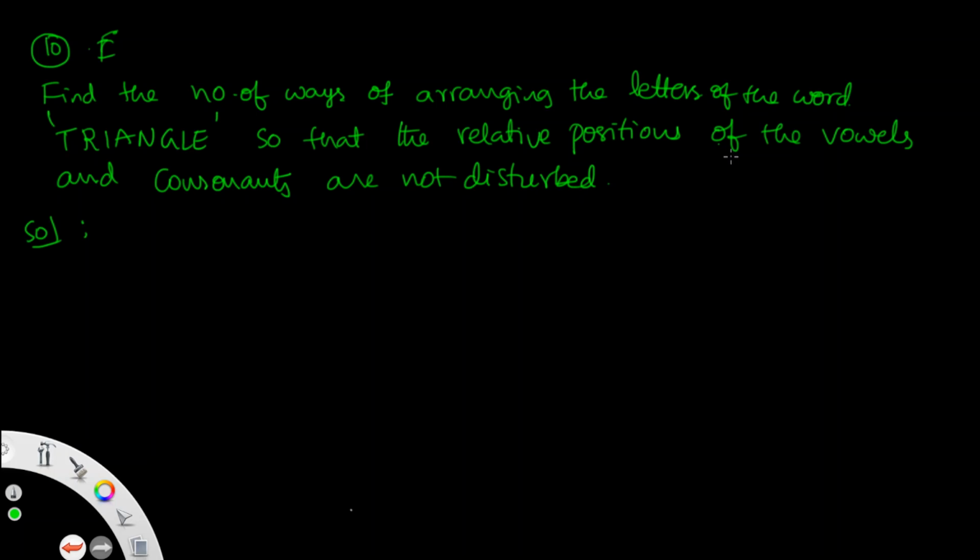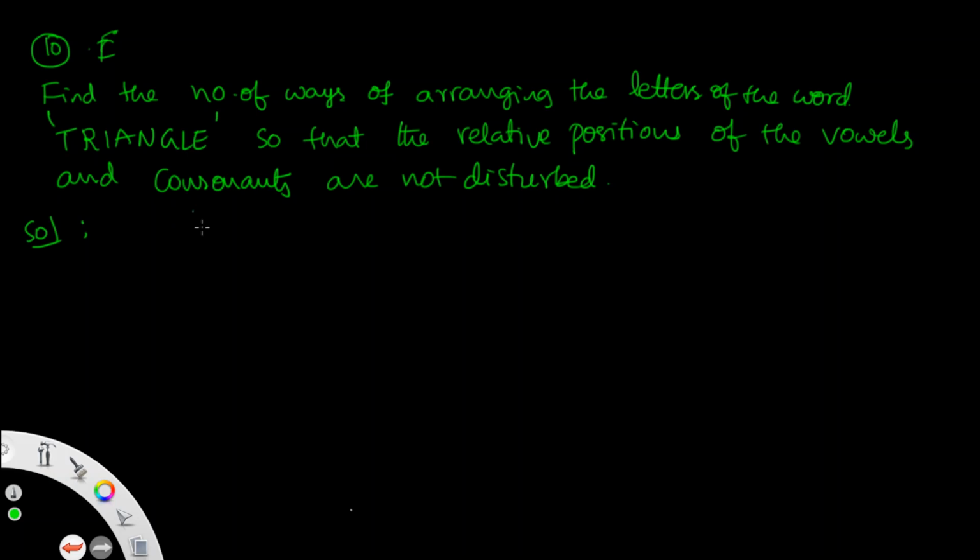Here the given word triangle has 3 vowels and 5 consonants. Suppose the vowels are I, A, E. The first arrangement is I first, the second arrangement is A first, and the third is E first. So it can be done in a number of ways.